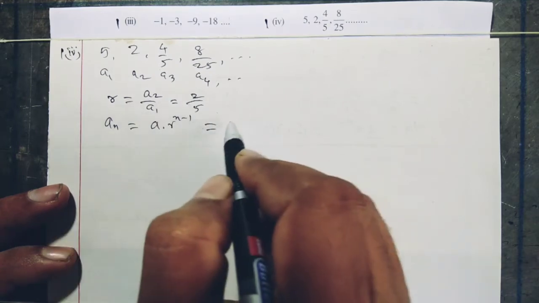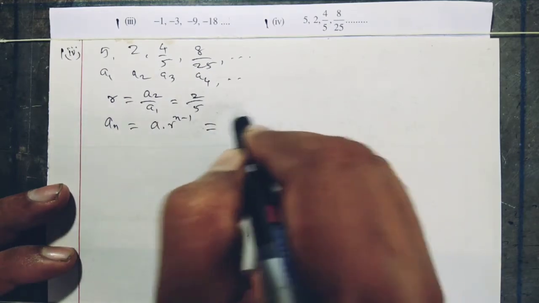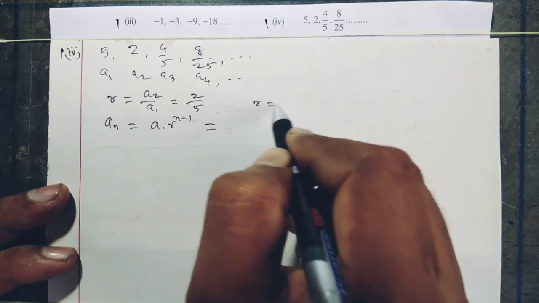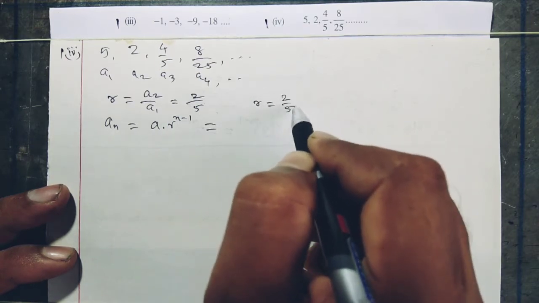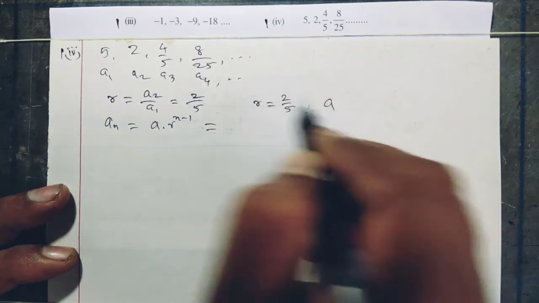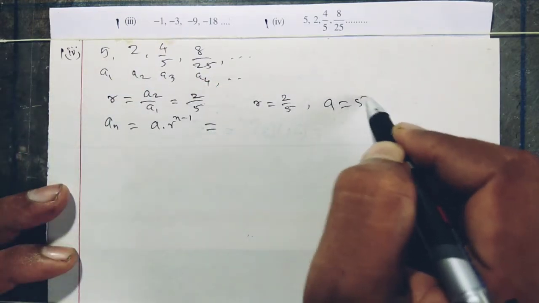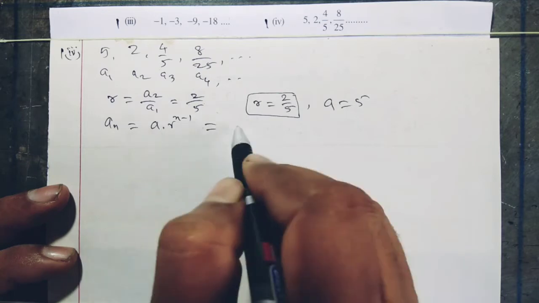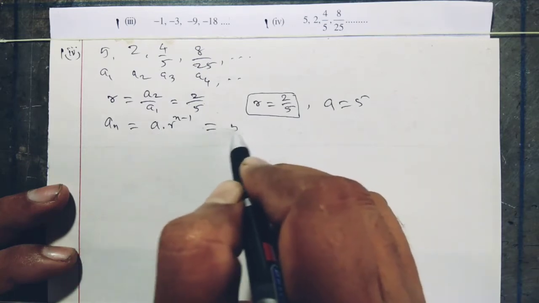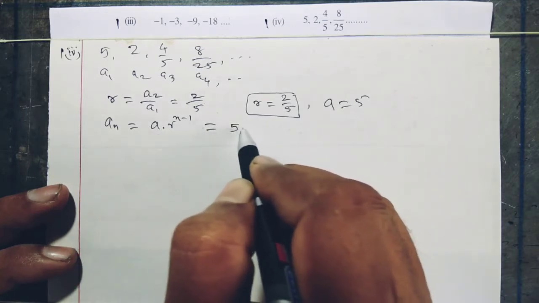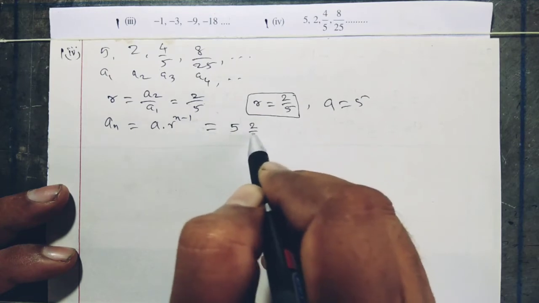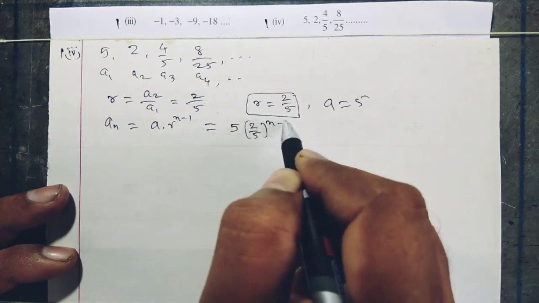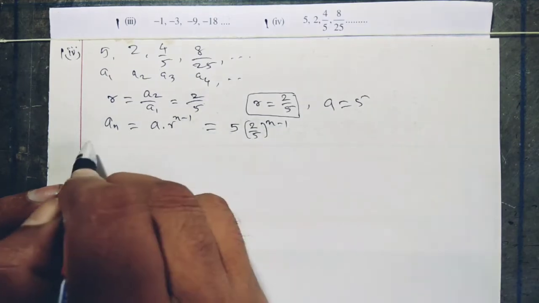Here common ratio r is equal to 2 by 5 and a is equal to first term 5. So this is first answer. Next we can find second answer. In place of a, 5 into 2 by 5 whole to the power of n minus 1. So this is the second answer.